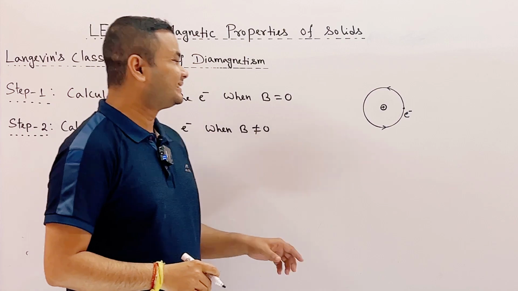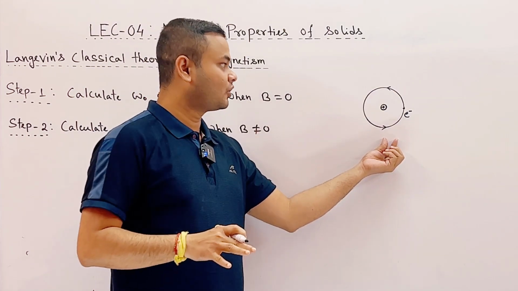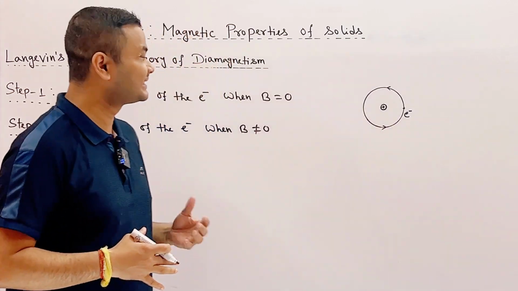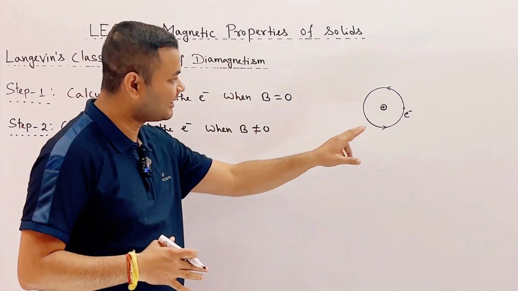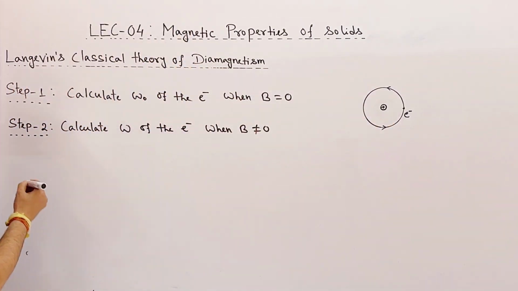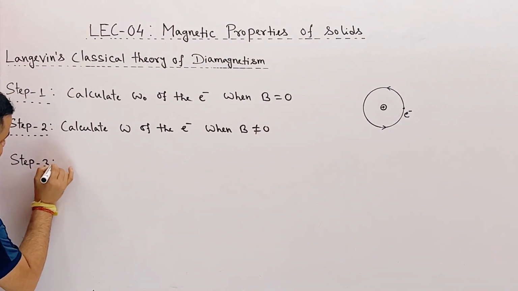Again, due to the change in angular frequency of this electron, an induced current or an induced magnetic dipole moment will be developed. So, in step number 3, we will first calculate the induced current and then induced magnetic dipole moment. Okay? Step number 3.